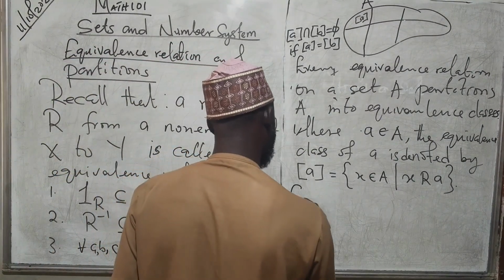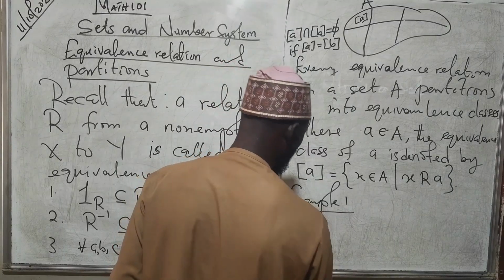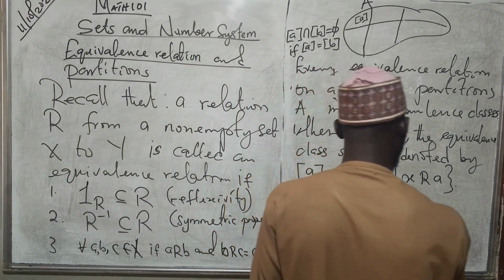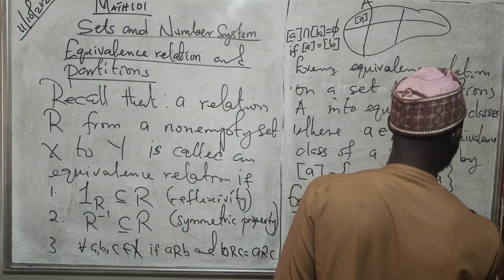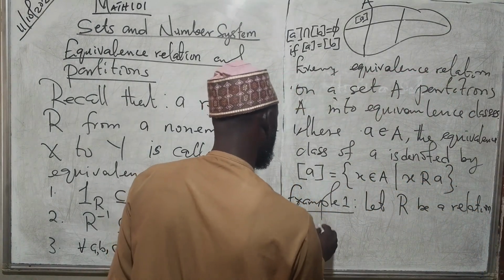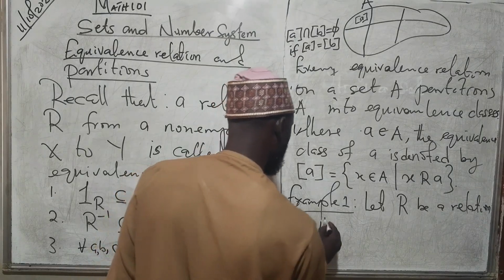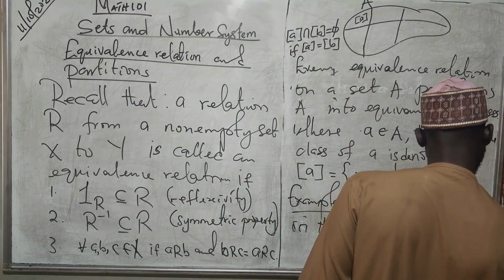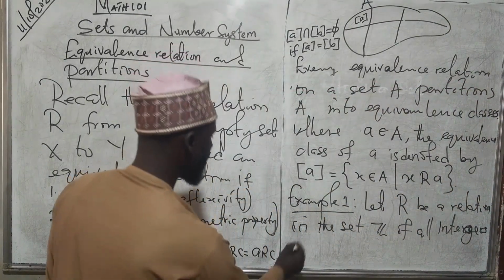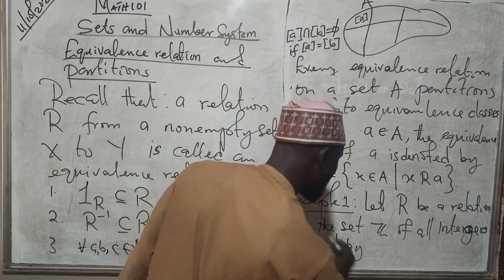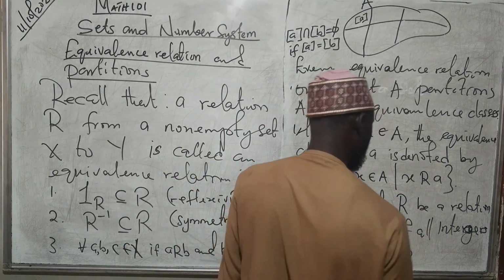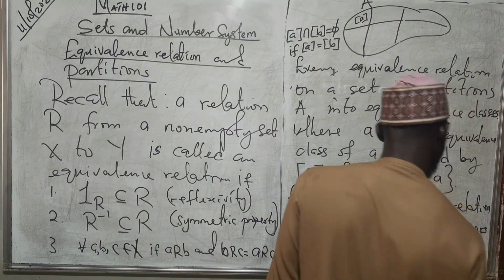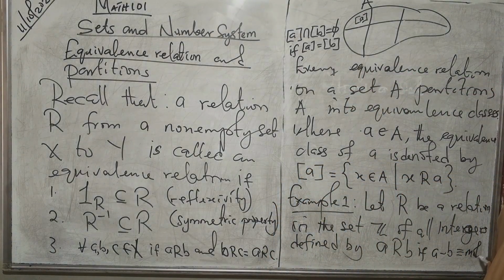Let's take an example. Example 1. Let R be a relation on the set Z of all integers defined by A is related to B if A is congruent to B modulo n.